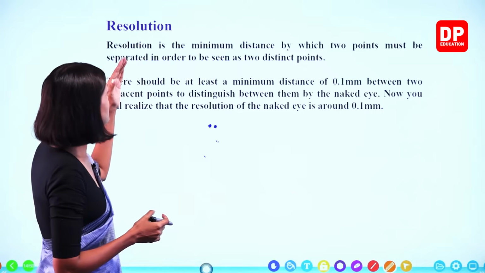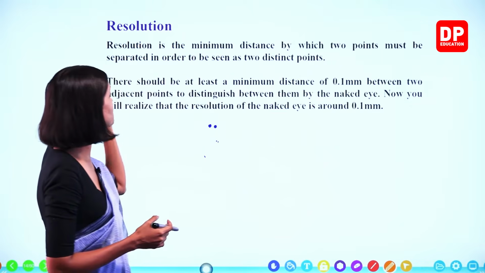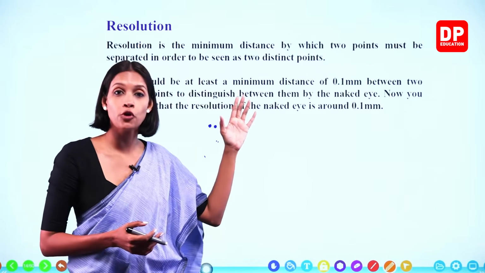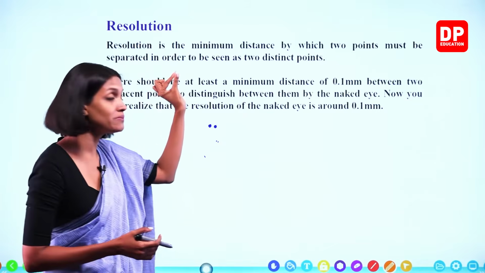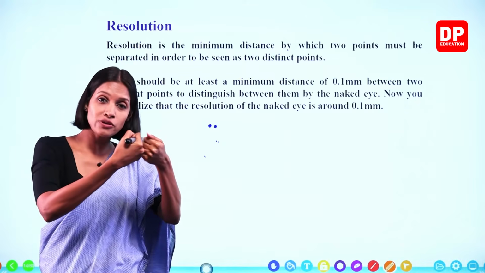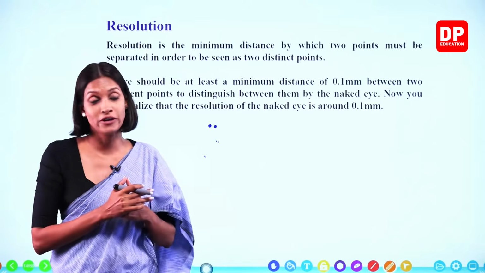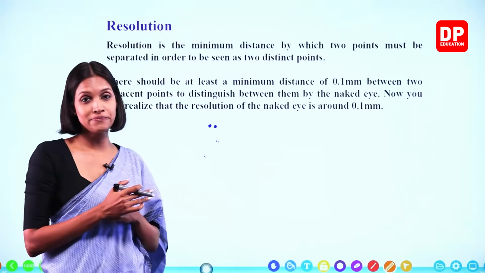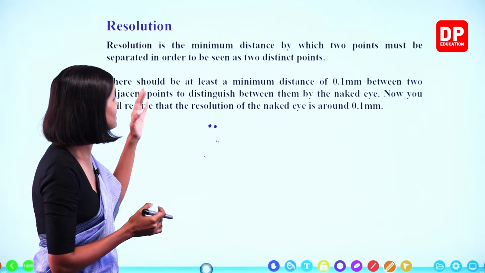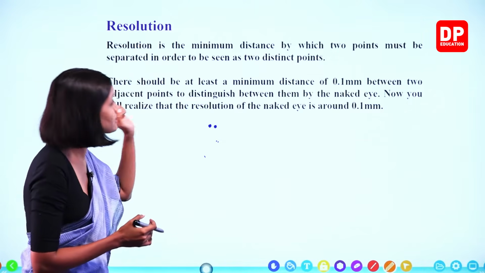So resolution is the minimum distance by which 2 points must be separated in order to be seen as 2 distinct points. If the 2 points get closer than that minimum distance, we cannot identify them as two separate points. This is what happened here. Right? Okay. So there should be at least a minimum. Now this resolution means the minimum distance by which.